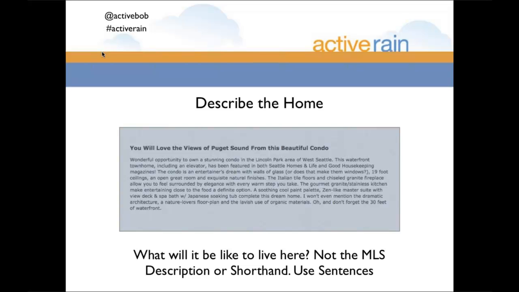And man, when I look at our analytics, there are some really crazy ways that people search for stuff. So we want to use full sentences, no shorthand, and we want to give a real good description of what it's like to live in this property or in this home.